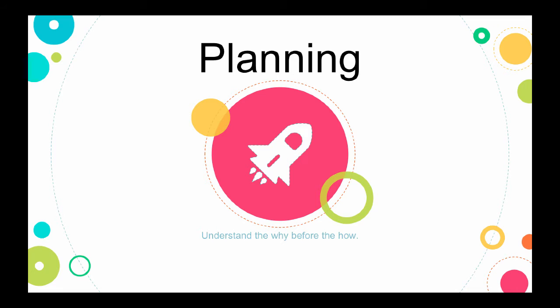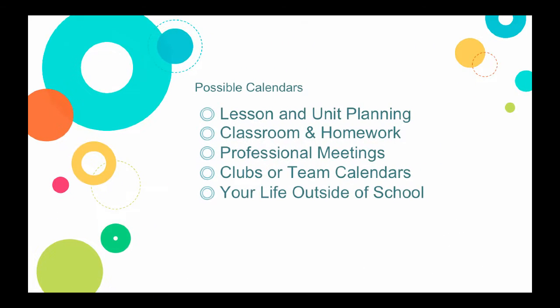So let's focus. What could you be planning for? Teachers, you have so much to plan for. Just a couple ideas. Maybe you're just going to do your lesson and your unit plans, and that's going to be your professional timeline of the year. That might be one calendar. You might also have more of a public calendar for classroom projects, things going on in homework.